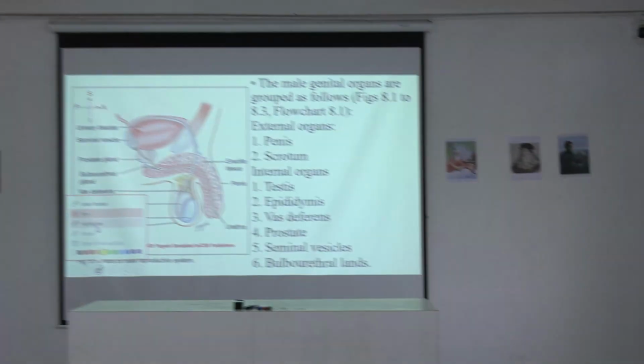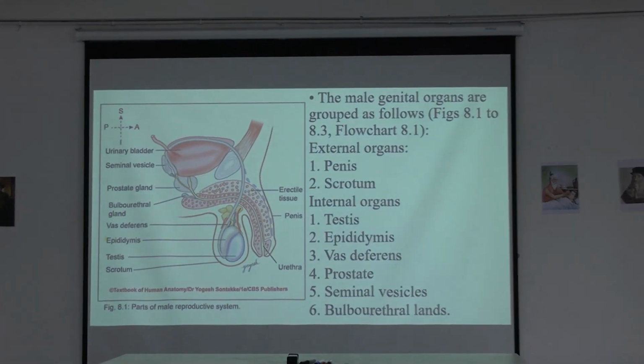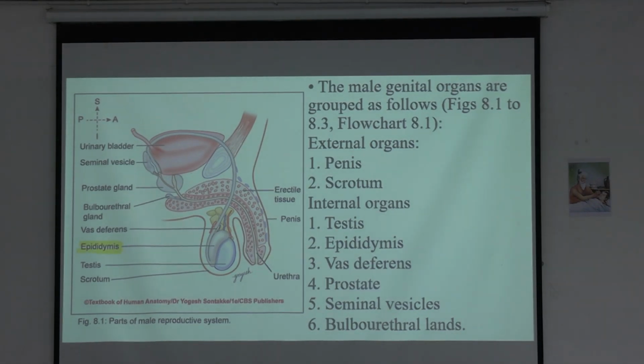Comma-shaped area. It is coming from the upper pole of the testis. It is coming down. It has got head, body and tail. And the tail is continued from the lower pole as the vas deferens or the ductus deferens. Next.